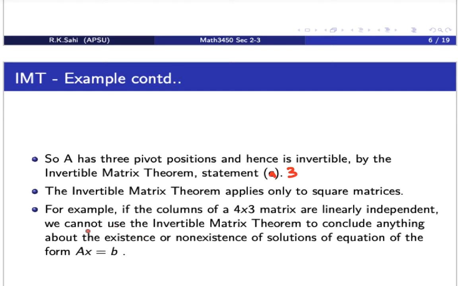We cannot use the IMT to say that for an equation Ax equals b, it then has solutions. We have to be very, very careful. This is the key, guys. This is the most important thing: it only applies to square matrices.